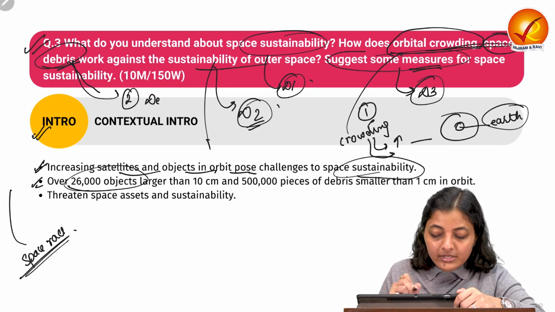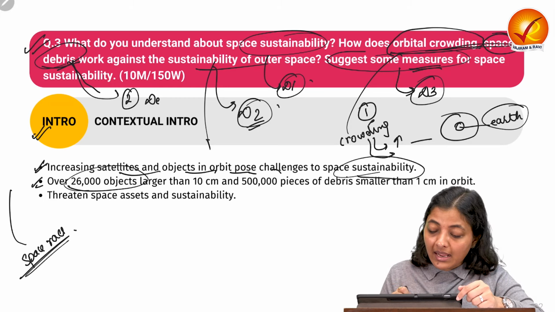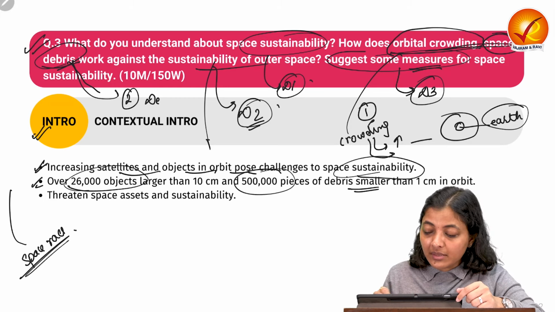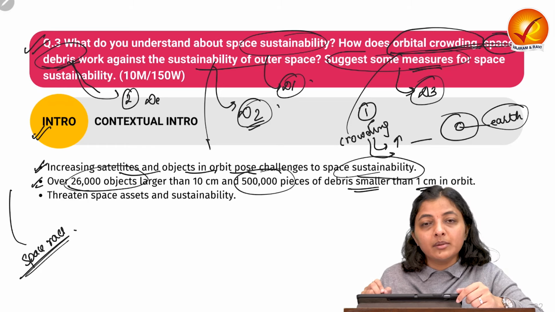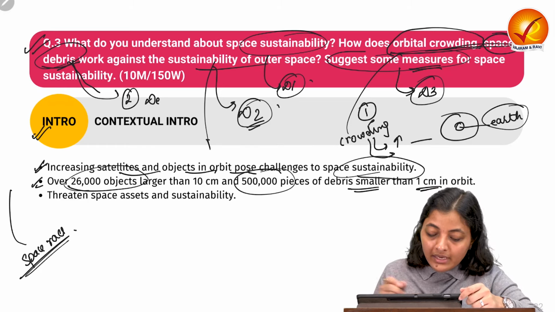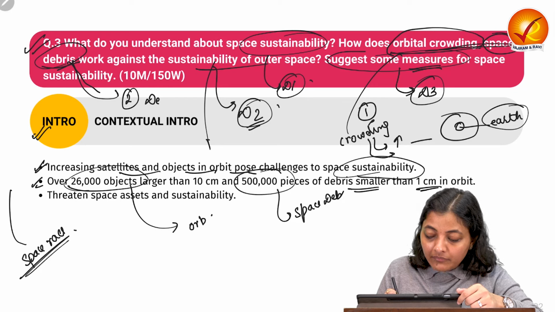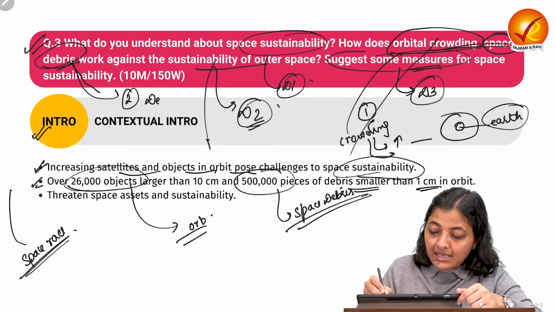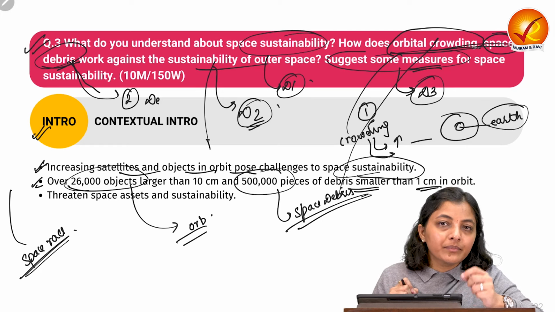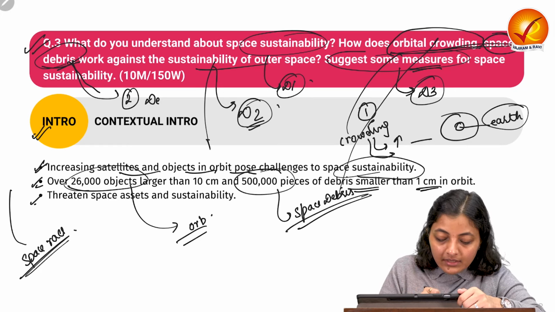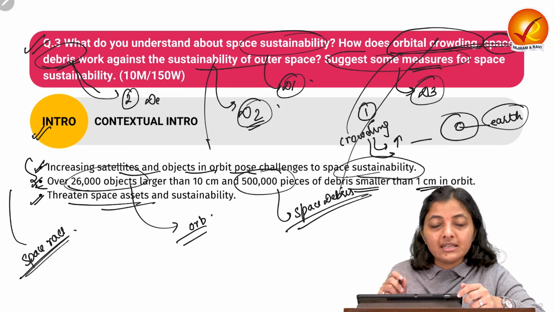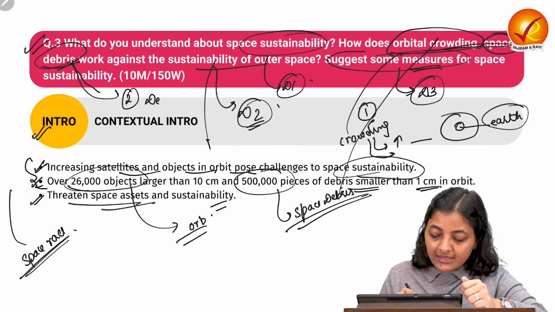Over 26,000 objects larger than 10 centimeters and 5 lakh pieces of debris smaller than 1 centimeter are in the orbit. It means we are speaking about orbital crowding and space debris. We are giving the data relevant to what is asked in the question. Then these things pose challenges with respect to space resources and sustainability.